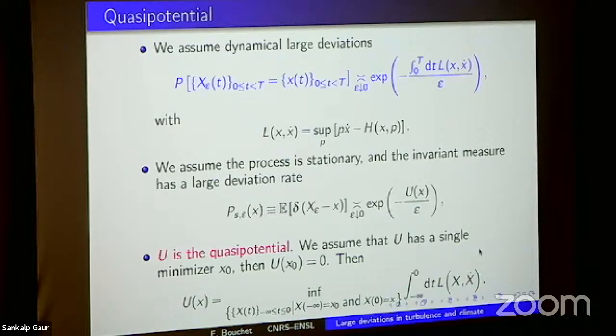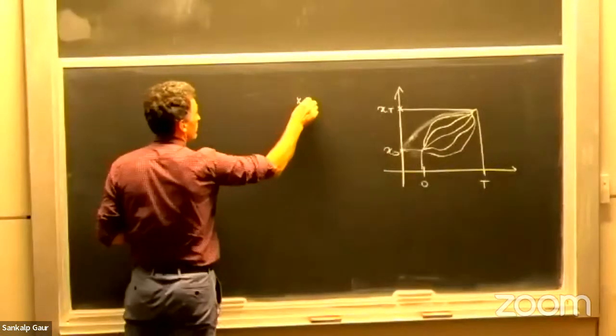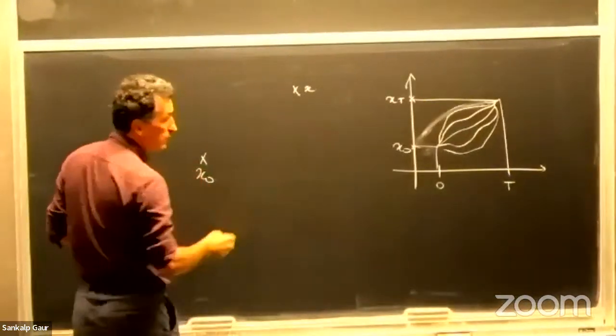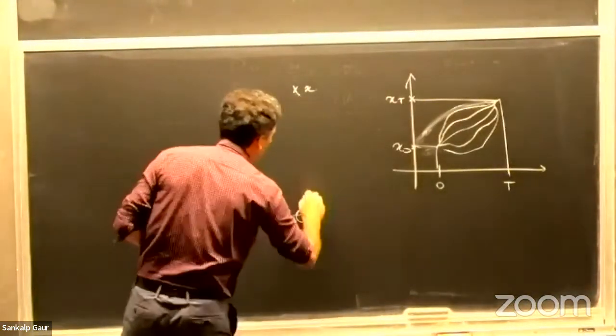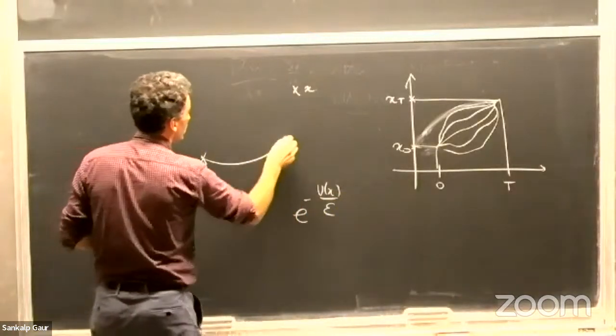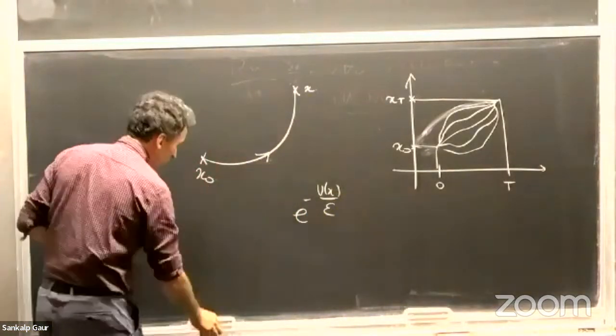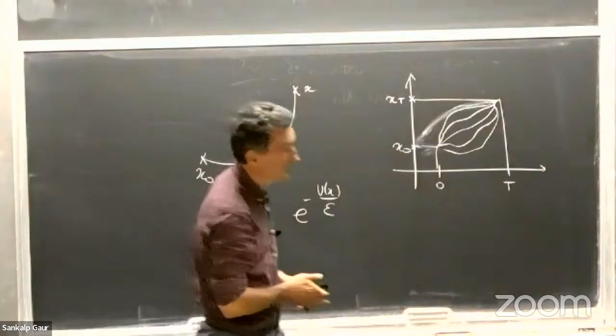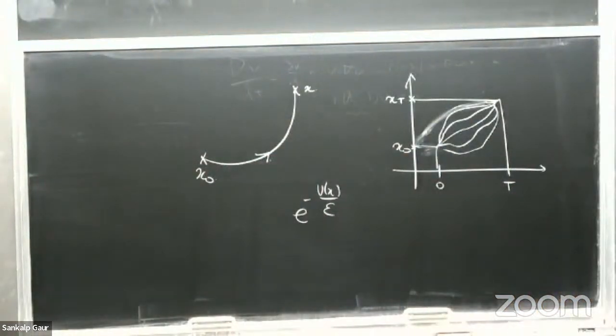So it means that to see a very rare fluctuation, so here you have your attractor, to see a very rare fluctuation that arrives here, it will give you the probability to be here. So you just have to minimize the action to go there through this action minimization.